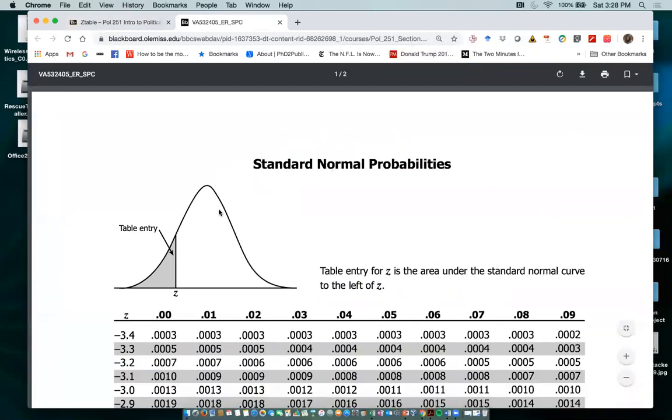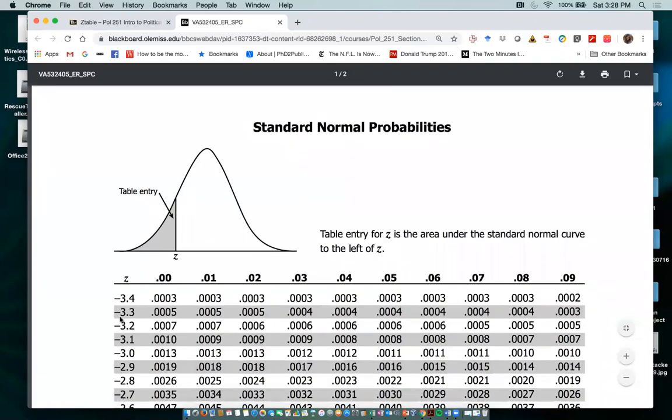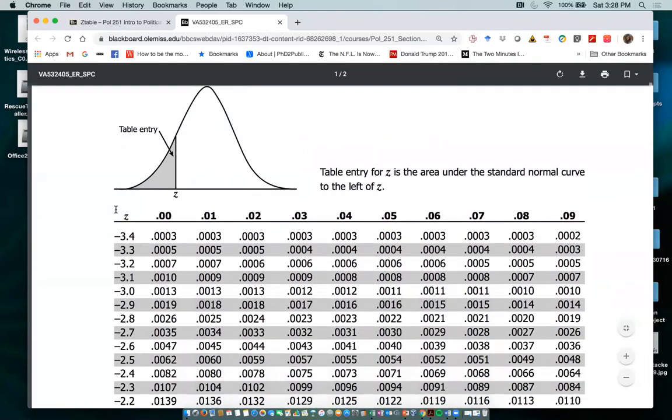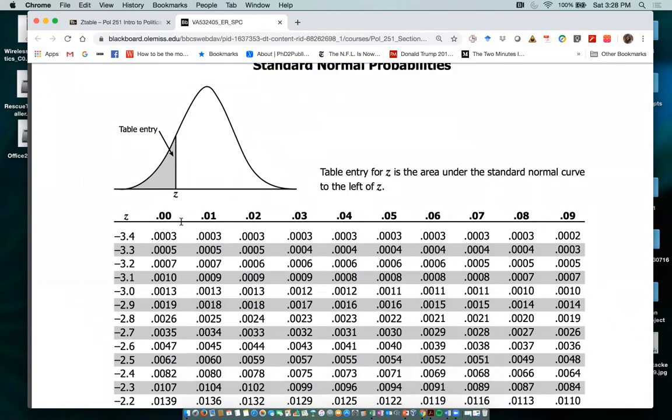And what it's going to give you is for each value of Z, the percentage of cases that fall to the left, or in this case, that shaded area under the curve. And the way this works is this first column on the left has your Z-score to 1 decimal point, and then each additional column across has the second decimal point value, or the 100th place decimal value.